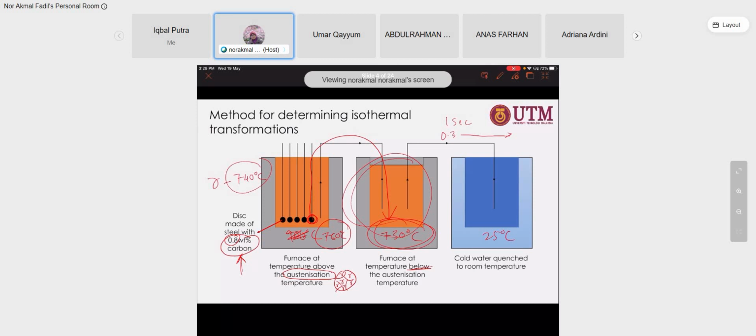First sample maybe 0.3 second, second sample 1 second, third sample 5 seconds. It depends on your observation.